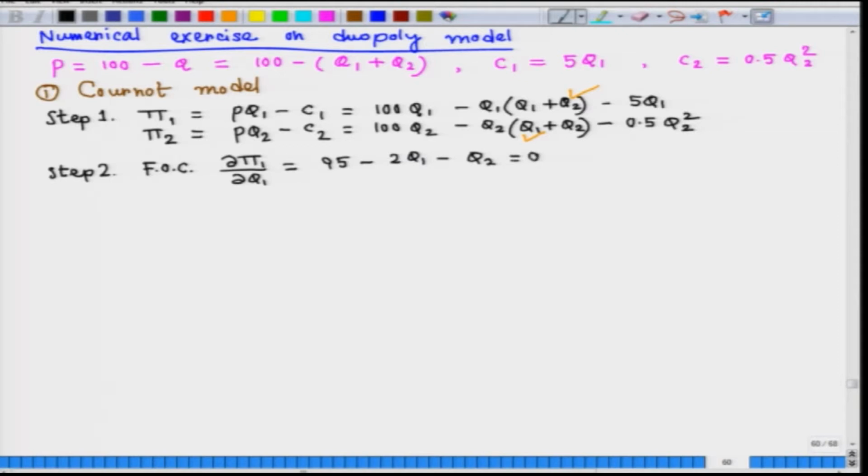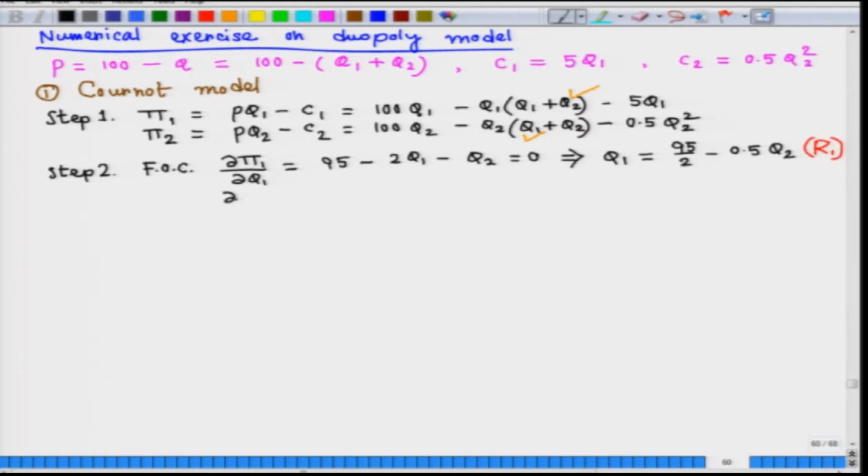Okay. And if I now express Q1 in terms of Q2, then what do we get? We get basically the reaction function for firm 1, which is given by R1. Okay.